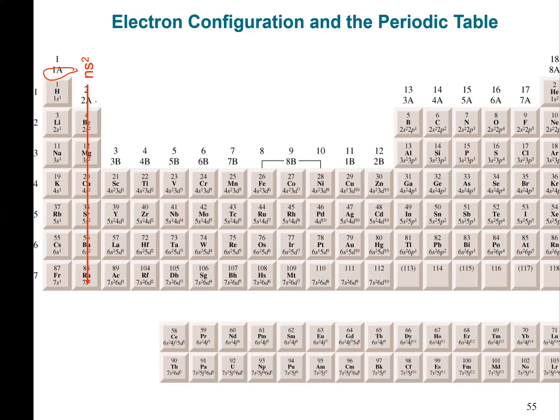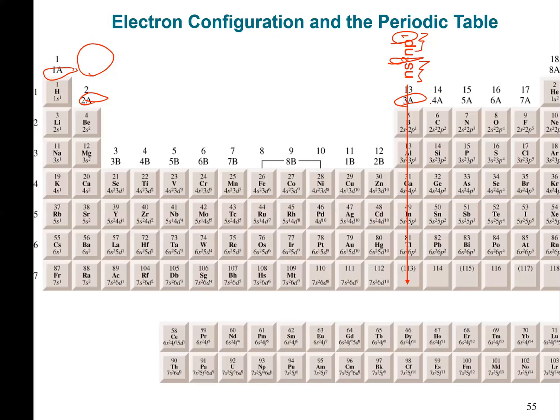Group 2A, 2 electrons, and those electrons are in the s orbital. If I go to the next column, the main group element 3A, it must have a total of 3 electrons in the outermost shell. I can't place more than 2 electrons in the s orbital, so the third electron goes to the p orbital.